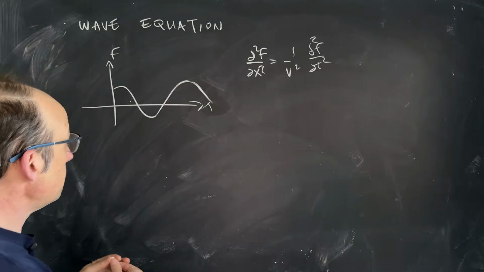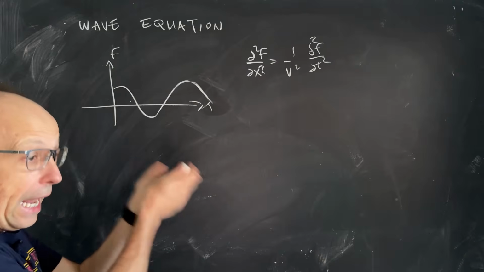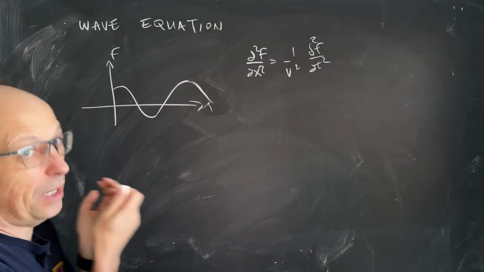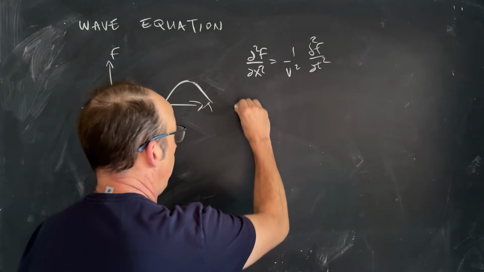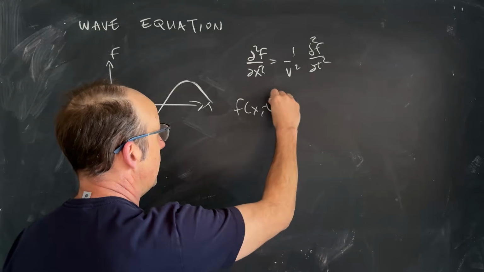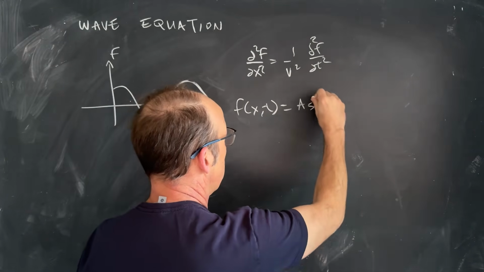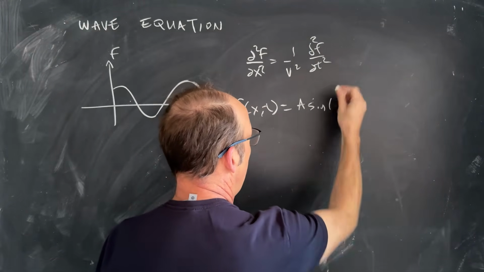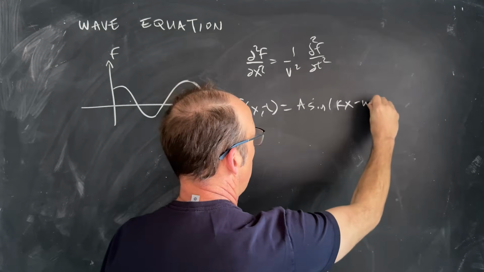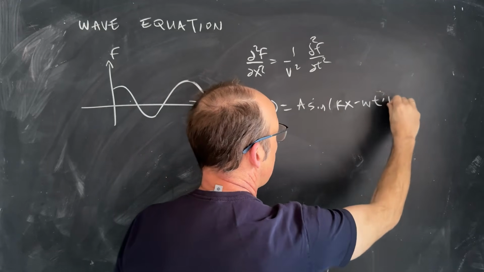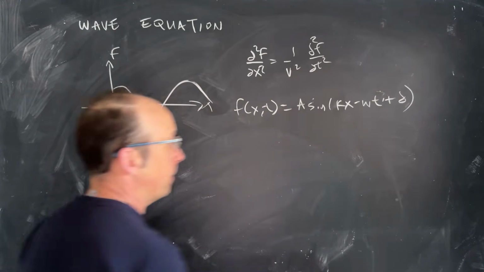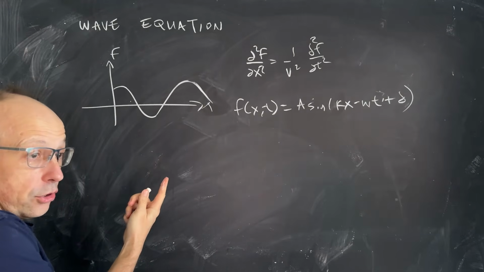Okay. Let me just show you a solution to the wave equation, and we can just check it really quick. So suppose I have f as a function of x and t is a sine of kx minus omega t plus some phase shift delta. Okay, so what we're going to do is show this is true.